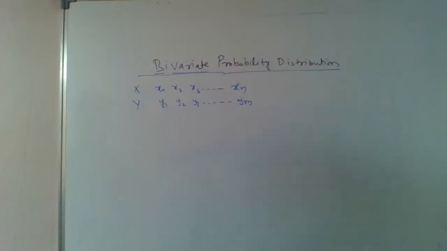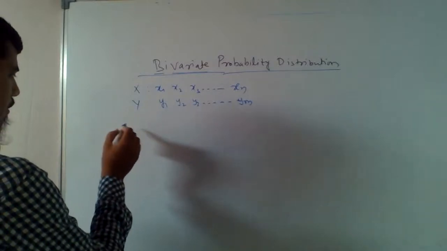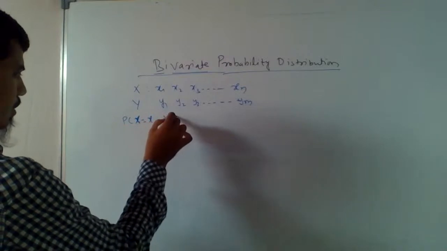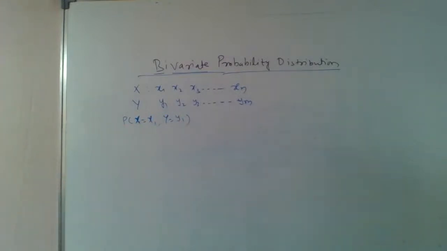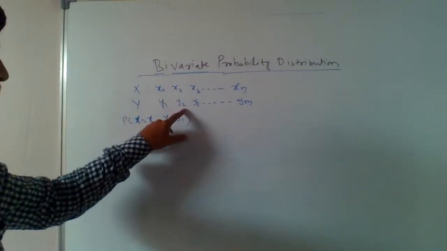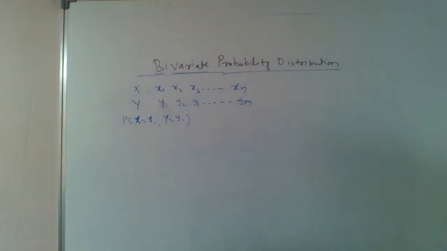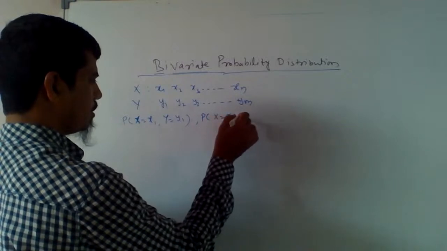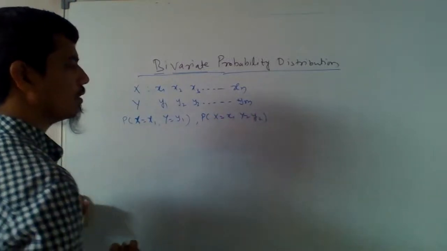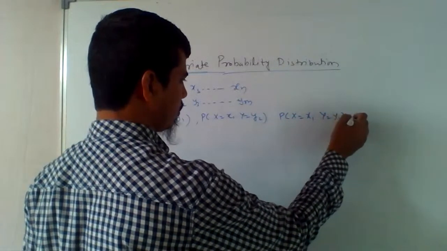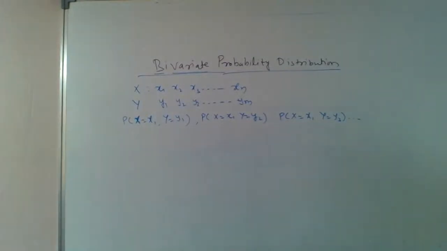Then the bivariate distribution for these random variables is written as p of X equal to x1, Y equal to y1, and so on. You have to obtain the probability for these points x1 y1, x1 y2, x1 y3, and so on. So we can write the probabilities like p of X equal to x1, Y equal to y2, p of X equal to x1, Y equal to y3, and so on.